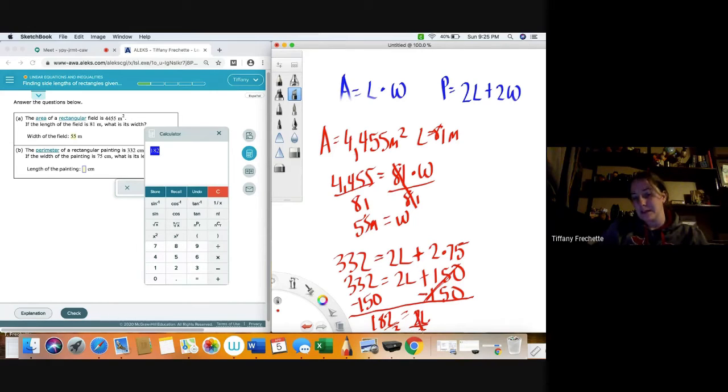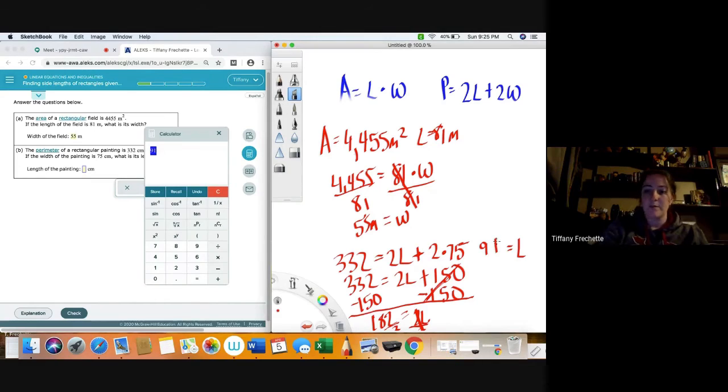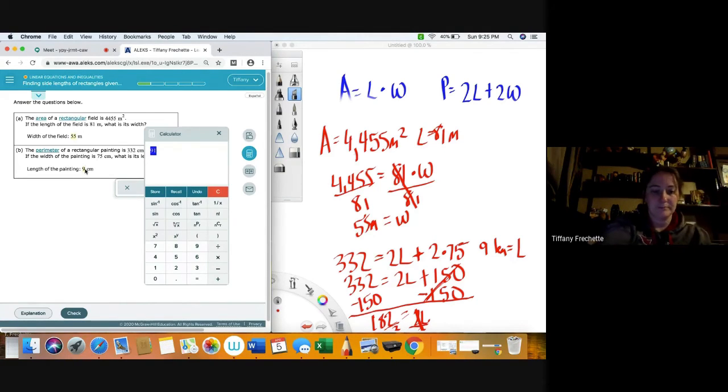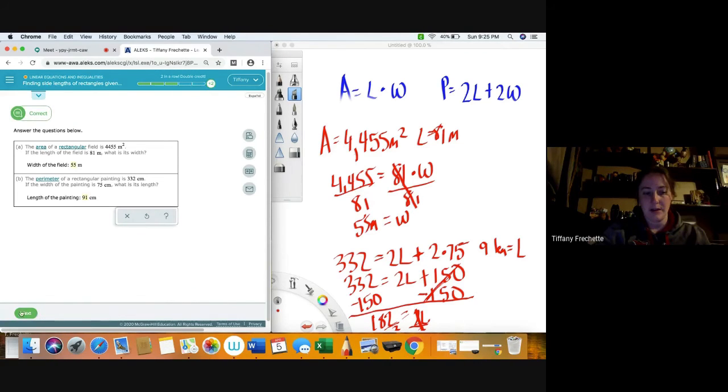Because what that does is undoes the multiplication here. So instead of 2 times L, we just end up with L equals, and we simply divide by 2, and that gives us 91 centimeters. All right, let's check. Yay, all right, one more.